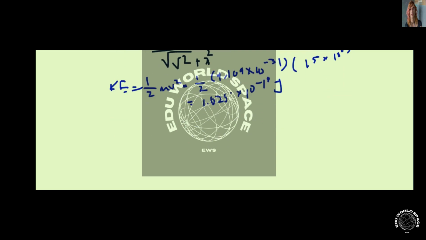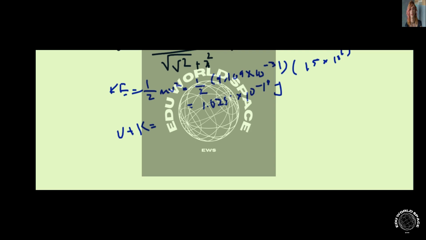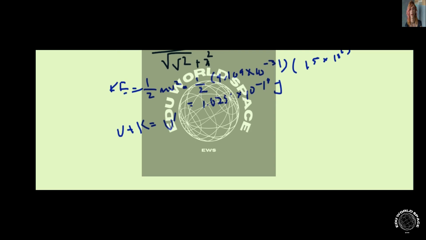Now, from the law of conservation of energy, we know that the initial potential plus the initial kinetic energy is equal to the final potential, since at the end there is no speed of the electron, so the kinetic energy is equal to 0.